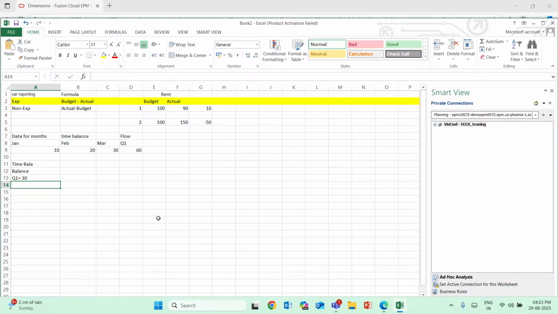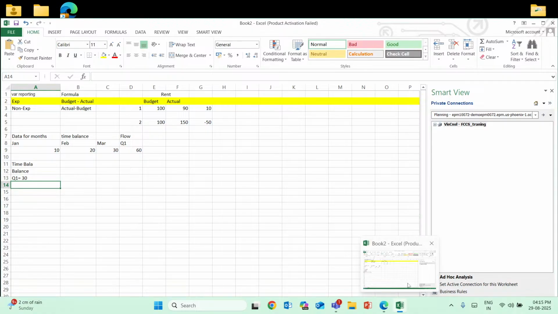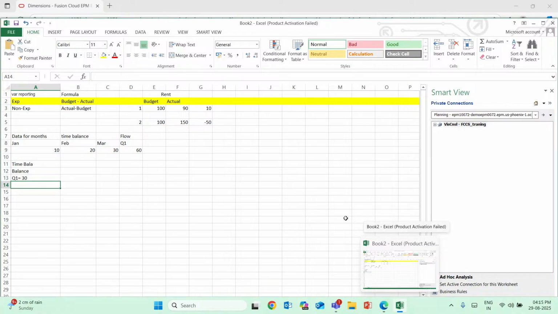Balance is the one that takes the value for the last period in the range, which has been carried forward, or which is prevailing. The last value of this time period.